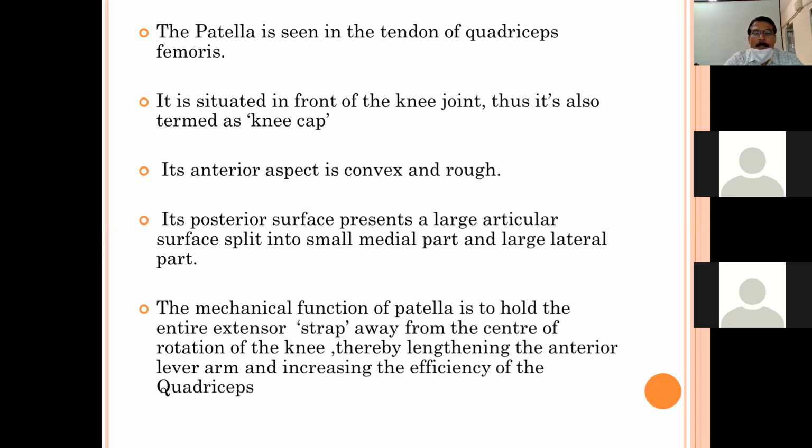The anterior aspect is convex, but the posterior part is the articular surface, and it is very smooth. It articulates with the distal part of the femur to form the patellofemoral joint.